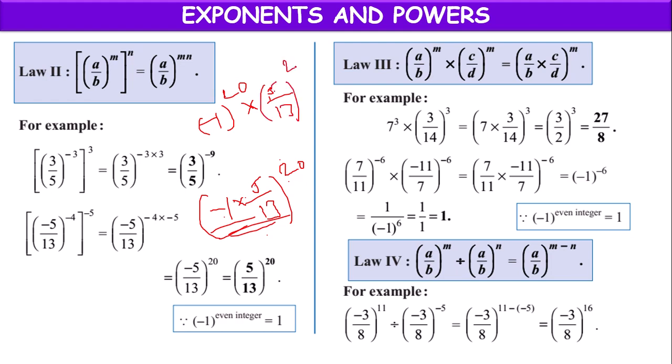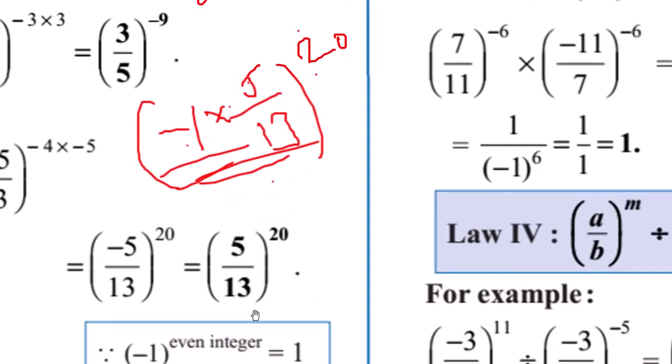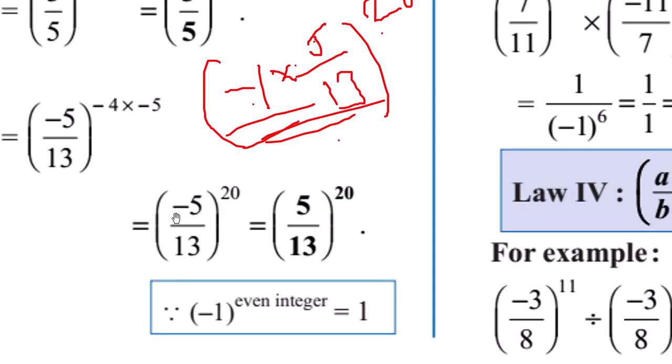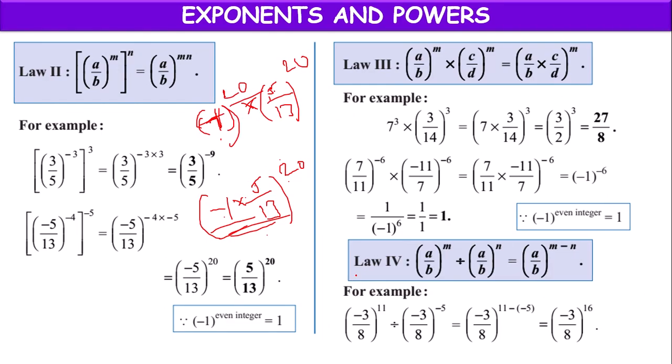We can separate it into two terms, but a negative integer minus 1 raised to an even number is always positive, because minus 1 to the power of an even integer always equals 1. So that's why this minus 1 to the power of 20 will become positive, and there is no need to keep the minus. (-5/13) whole power 20 can be written as (5/13) whole power 20. Why? Because minus to the power of 20 is always positive. So that is the answer.